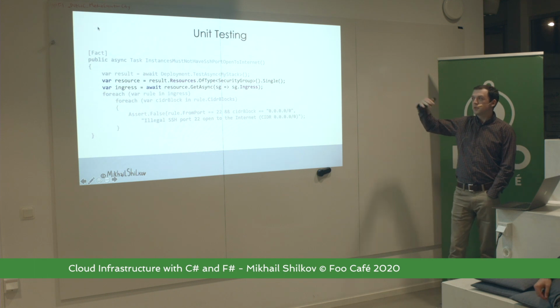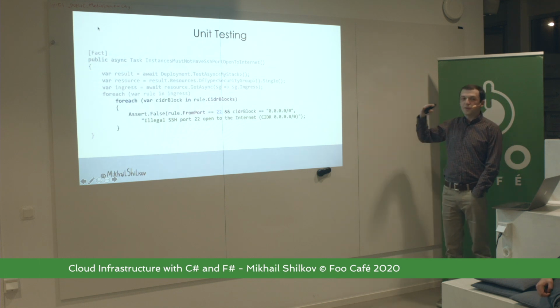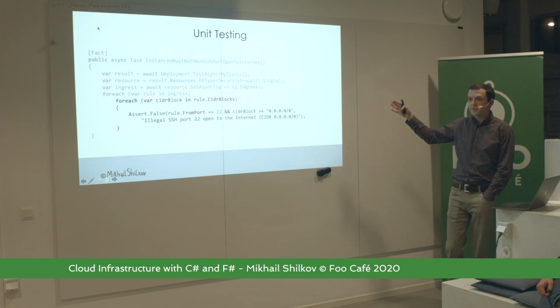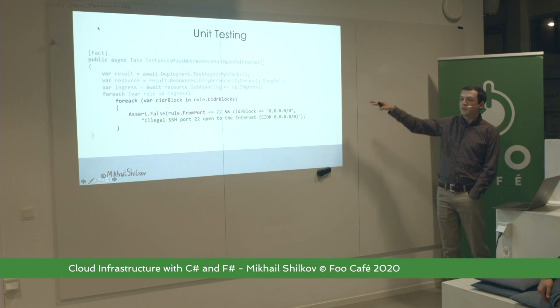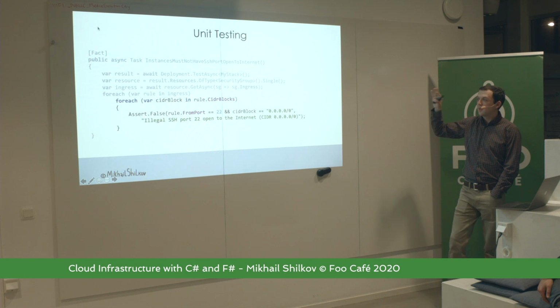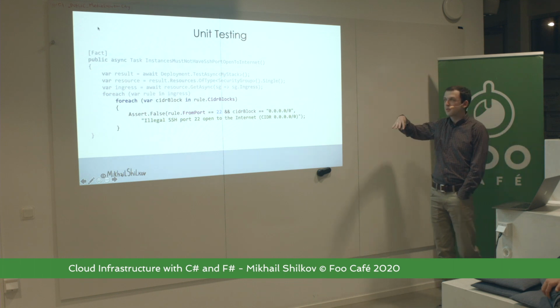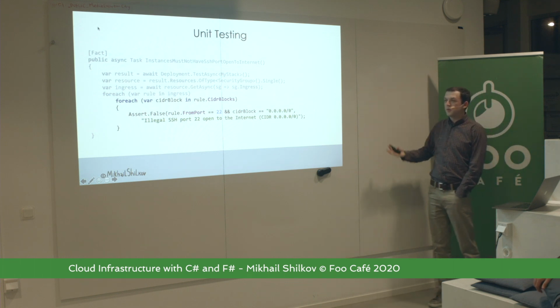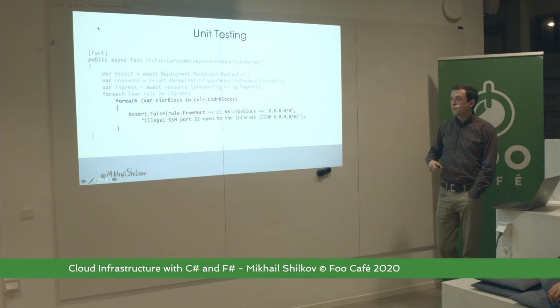In this case, find the security group, find the ingress rules of the security group, and then check if there are any SSH ports open for that security group. You don't know what happens inside that stack, but if it has security groups and it has SSH ports open, just fail the test. And that runs in milliseconds. You can do TDD, whatnot. You can run it independently from any credentials, all the benefits that you get from unit testing.